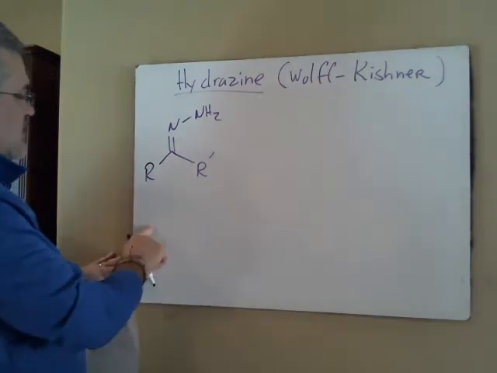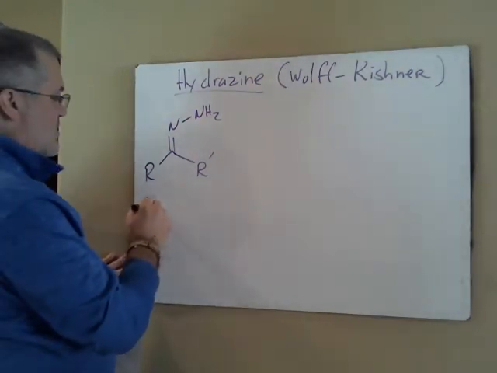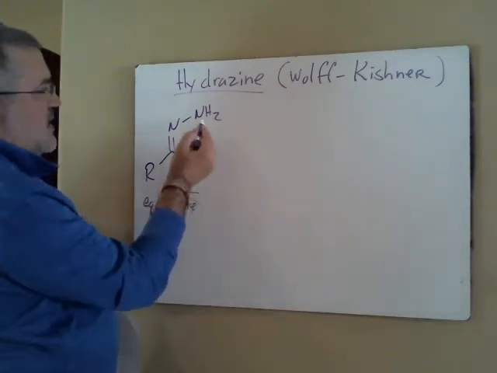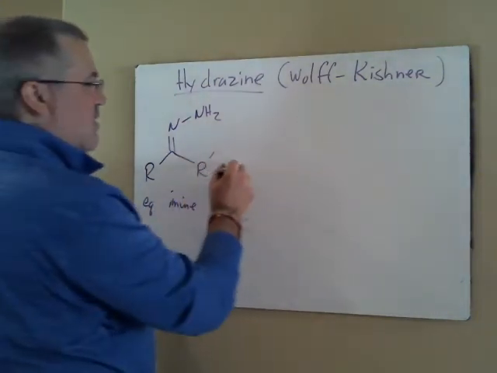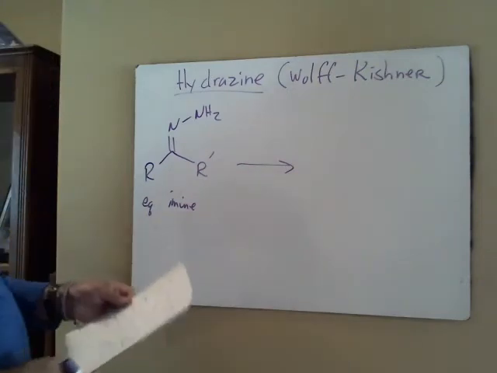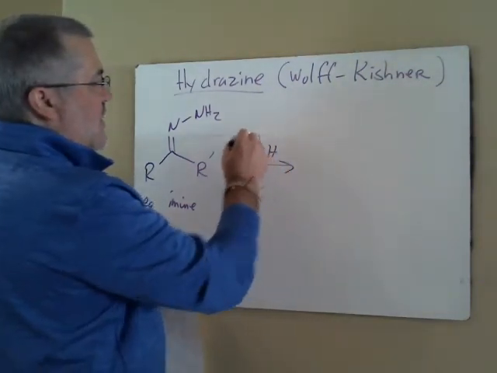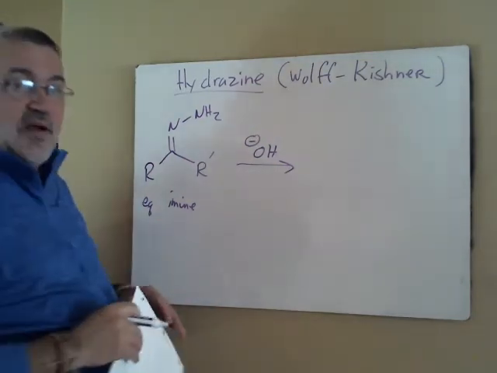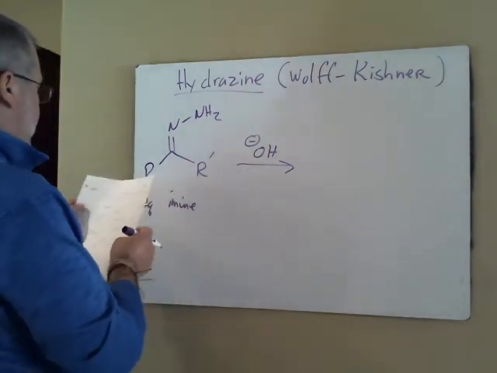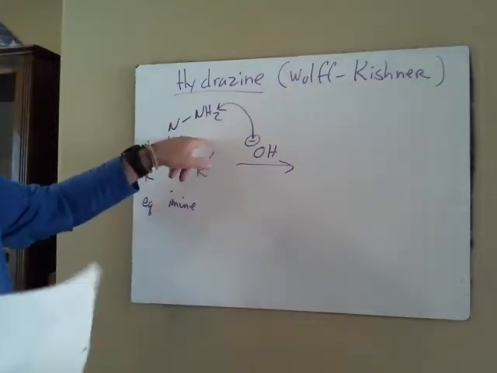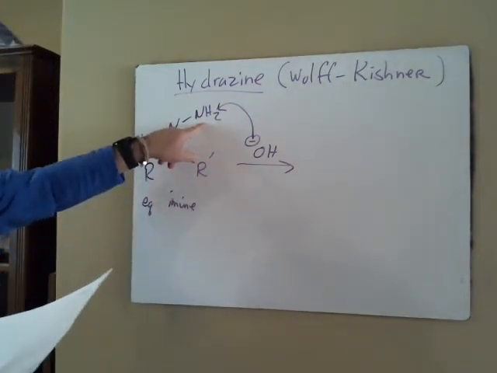So this is equivalent to the imine, but now it's got that NH2 group on there. And so what's going to happen now is the difference is you have that KOH. So now I have a base that's present. That base is going to do something different. It's going to pull a proton off of this NH2, because that's where the acidic proton is.